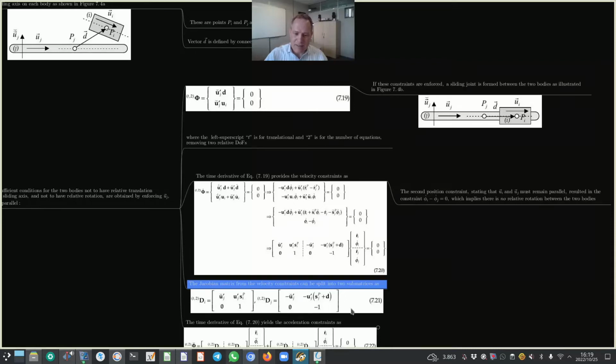You can follow a similar argument to understand the Jacobian submatrix for the translational joint on body J. The first one was the Jacobian submatrix on body I, and the second one, the Jacobian submatrix on body J.